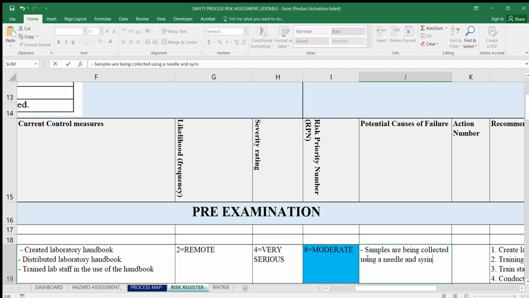If you are collecting samples using a needle and syringe, it means that this scenario will always be there, and therefore the risk will always be there. So samples are being collected using a needle and syringe. That's one of the major potential causes of this particular scenario. So let's just have one potential cause.